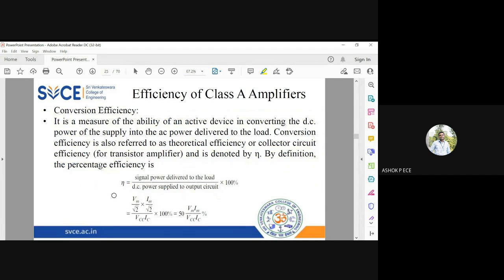The conversion efficiency is the measure of the efficiency of amplifiers. It is given by this formula, eta equal to PAC by PDC: output AC power divided by input DC power. You know PAC is VRMS into IRMS, and DC power is VCC into IC.